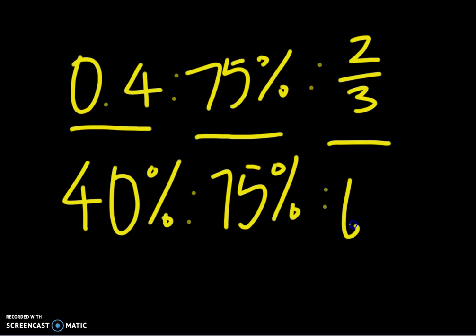So that's 67% perhaps. And we have brought it all to the same terms. It's all in percentage now. We can't simplify this any further because we can simplify 40 and 75, but we can't simplify 67. 67 seems to be a prime number, so that's it. That's the most we can simplify this ratio.